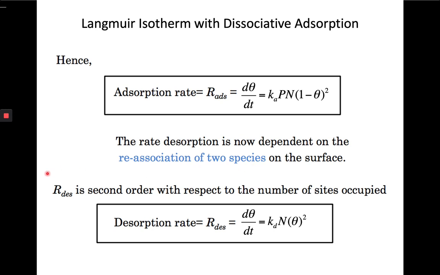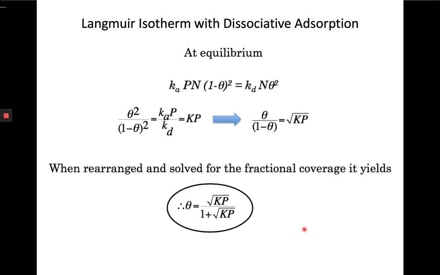So R desorption equals d theta over dt, equals Kd times N times theta squared. Same as before, at equilibrium, the rate of adsorption equals the rate of desorption. Rearranging the equation, finally we get theta equals square root of Kp over 1 plus square root of Kp.